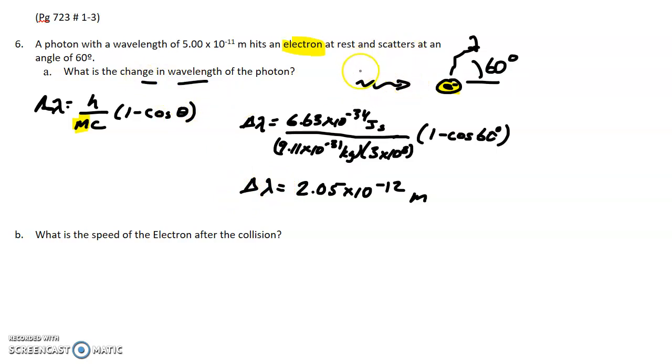So this original wavelength is 5.00 times 10 to the negative 11, and it's going to have a change of 2.05 times 10 to the negative 12.